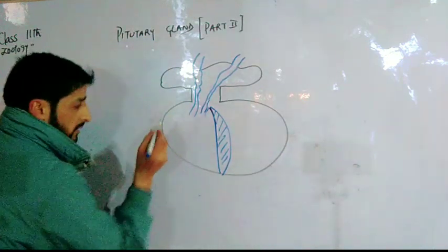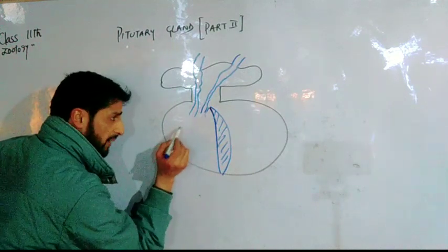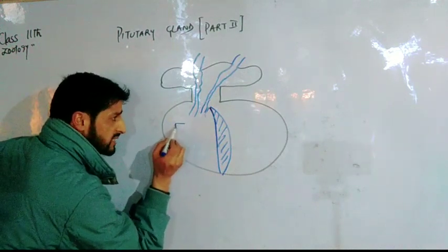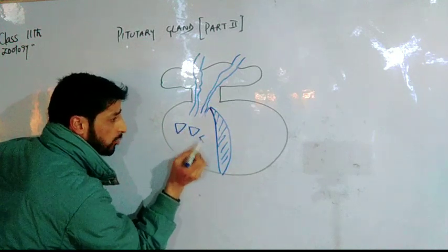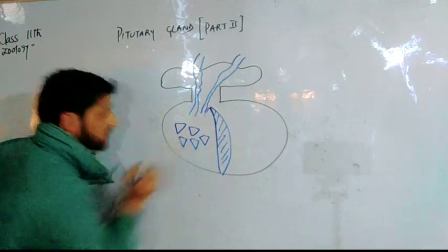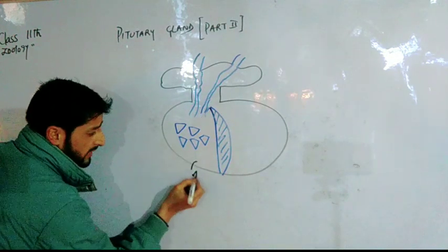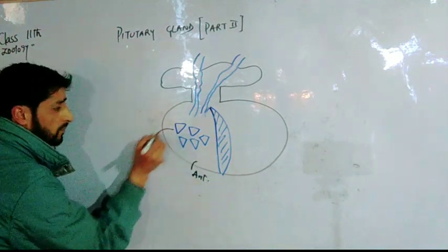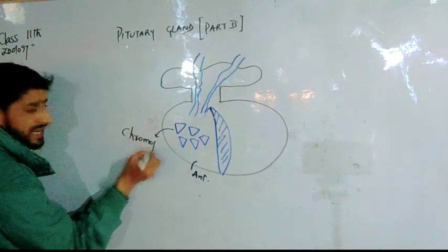Now, in the anterior lobe of the pituitary gland, there are very special types of cells. These special cells are known as chromophil cells.